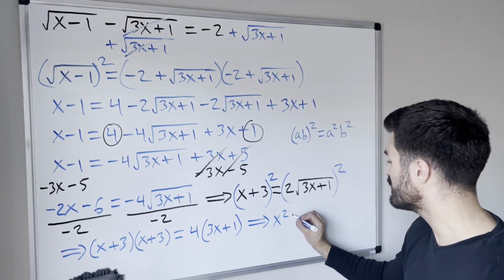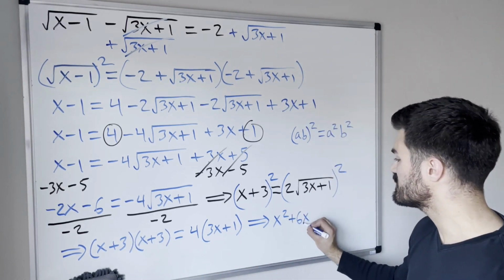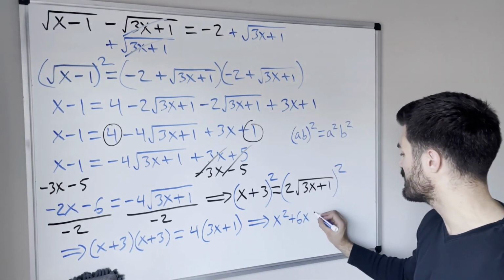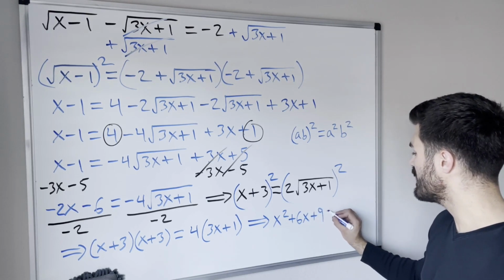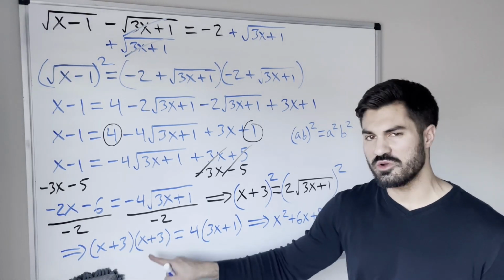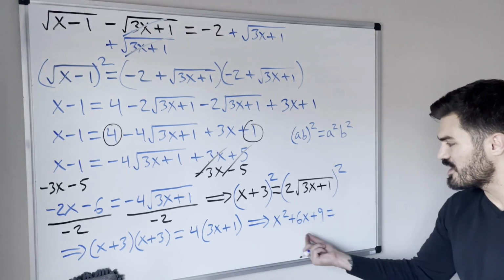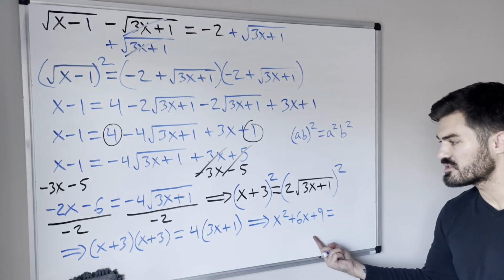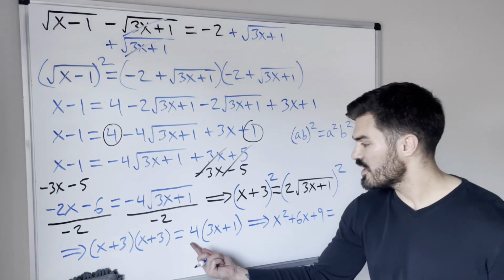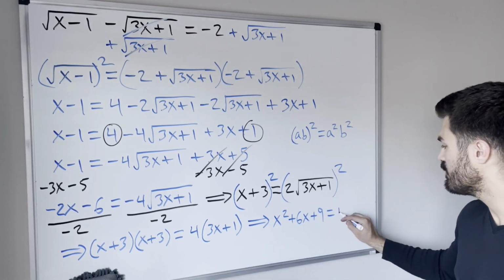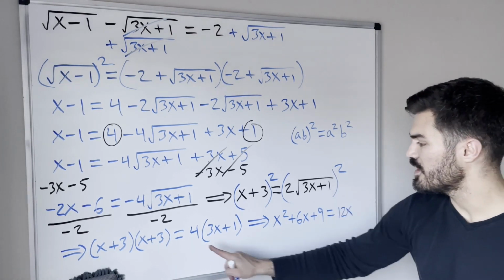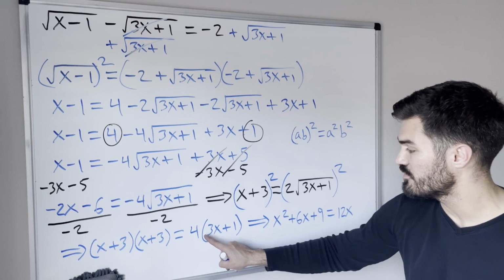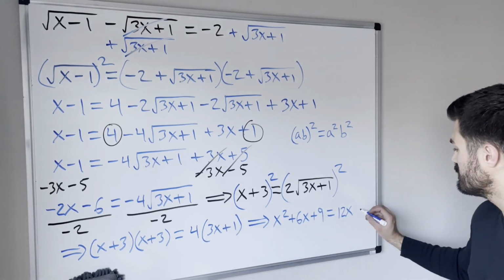Those are going to combine to be plus 6x, and then we have 3 times 3 is 9. So that's what I'm talking about. As you get more experience, you'll be able to notice stuff like that and do it in your head instead of writing out plus 3x plus 3x. The right-hand side we can distribute. We have 12x, right? 4 times 3x, that's 12x, and then 4 times 1, that's 4.